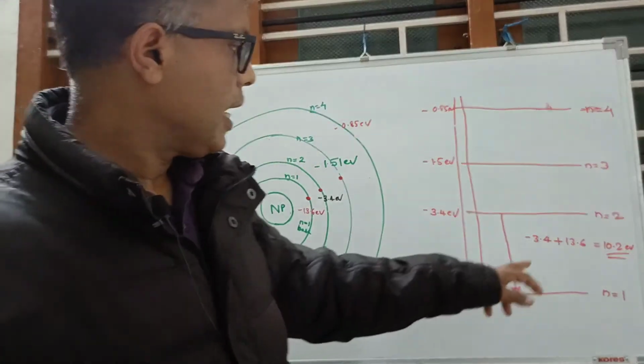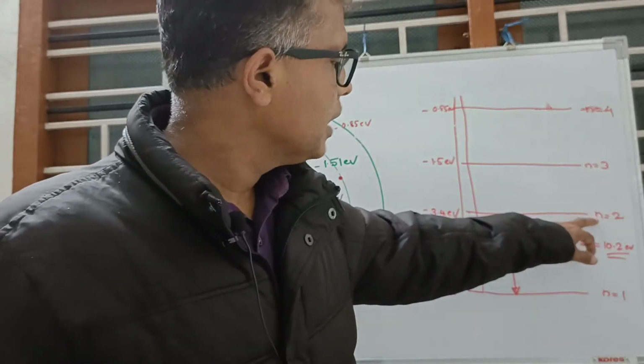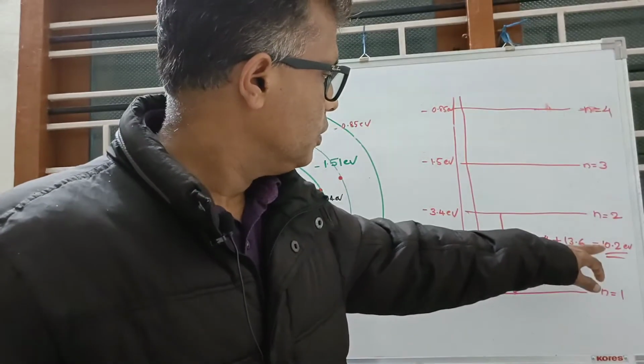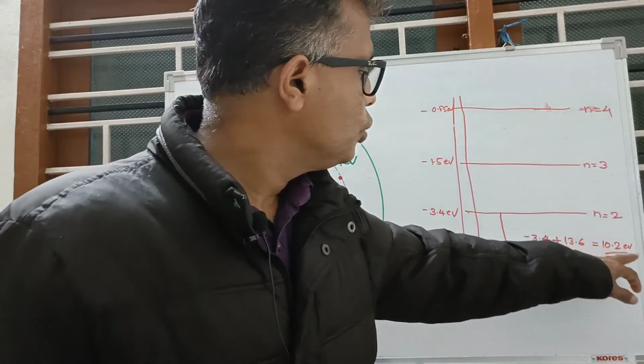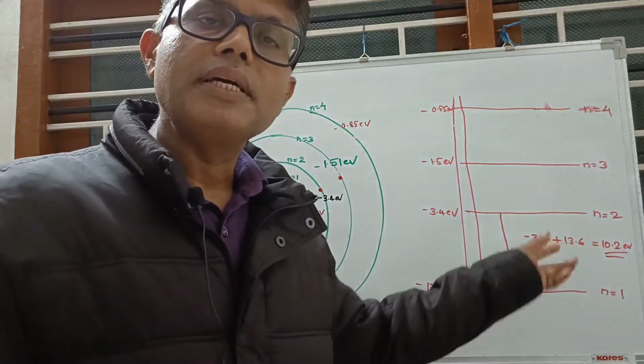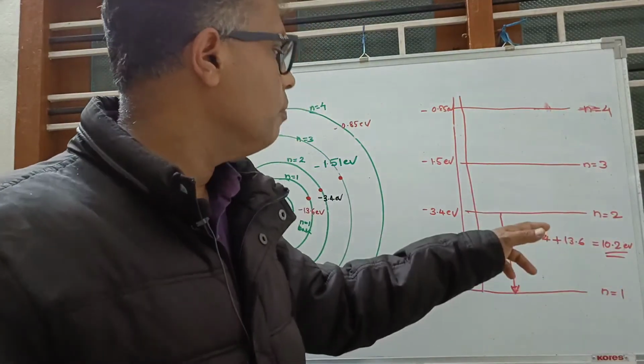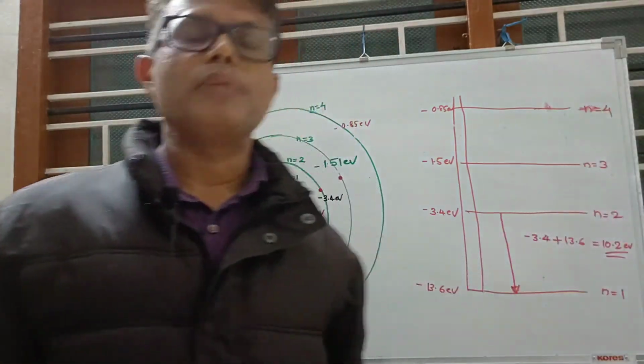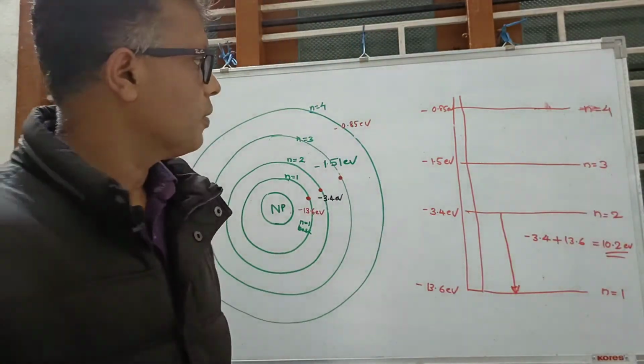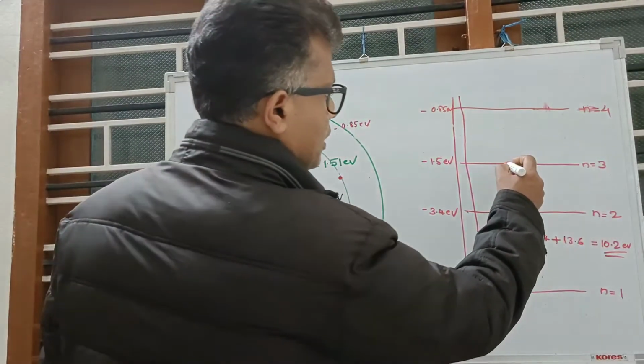So if an electron jumps from the second orbit to the first orbit, 10.2 electron volt will be radiated. This will come as a line spectrum. Clear, no?